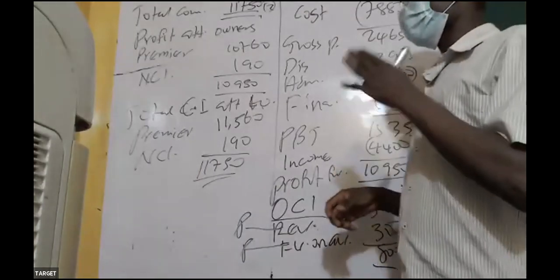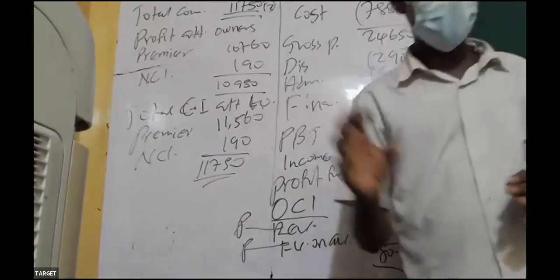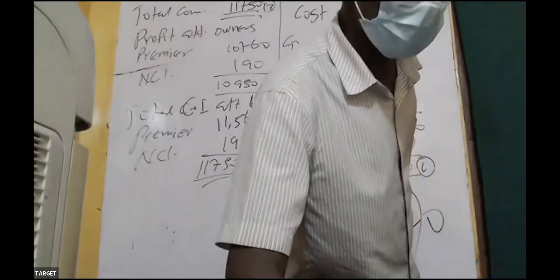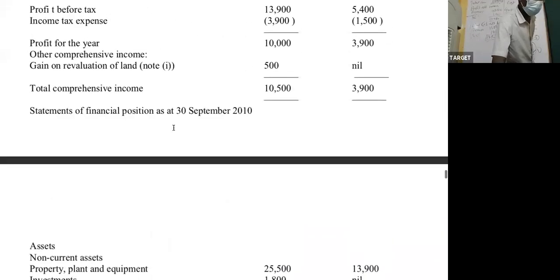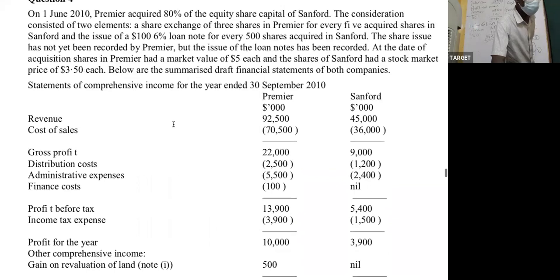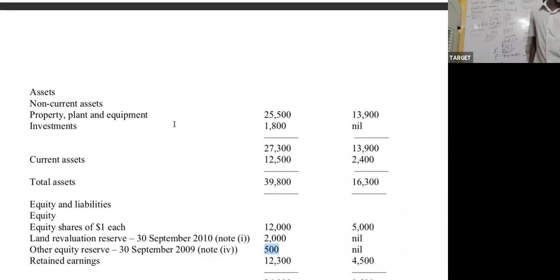Now, what happened is this. Anytime there's P&L and balance sheet at the same time in one question, like this particular question, Stanford, so the question is a consolidation question where we have P&L and balance sheet. Don't say that, oh, I am carrying my profit for the year to the balance sheet, go and compute the retained earnings there. Don't do that. Why?